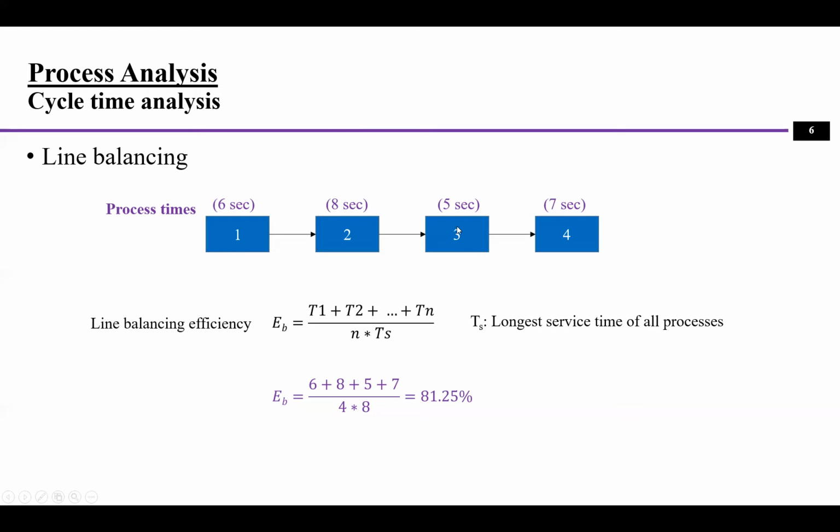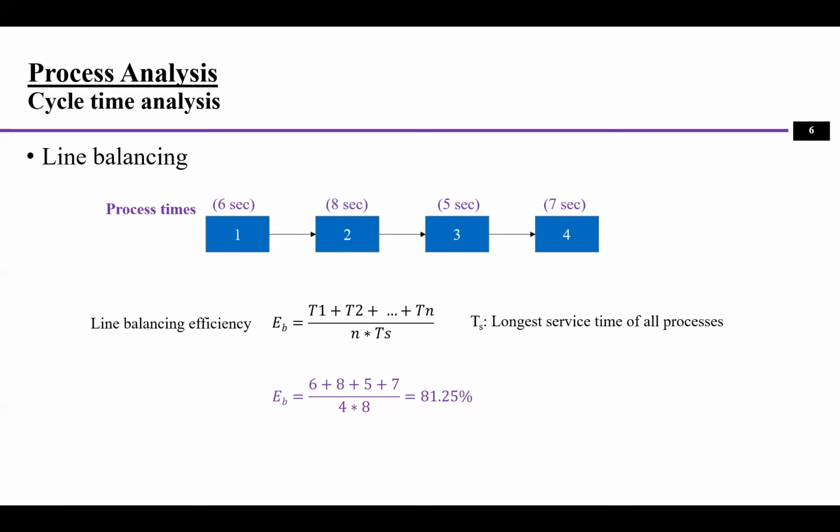Then for 3 seconds, it cannot get the next part from step 2 because step 2 has not finished yet. So there will be a lot of waiting for step 3, and here there's a lot of pile. Same thing happens with step 4. Because 4 takes a longer time, there will be a pile of parts here.